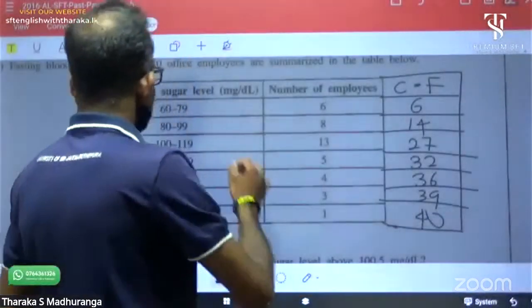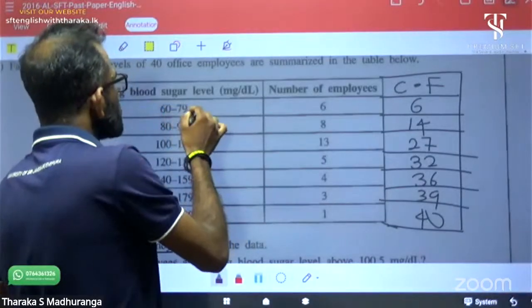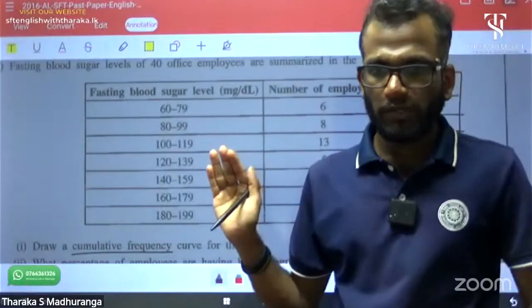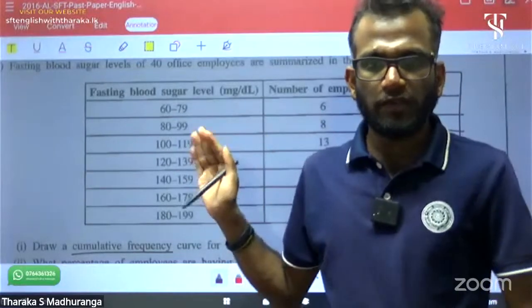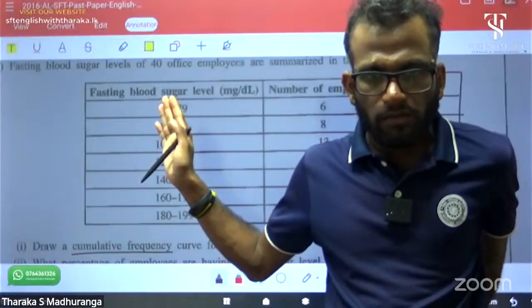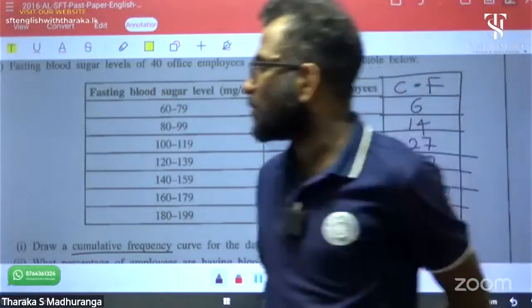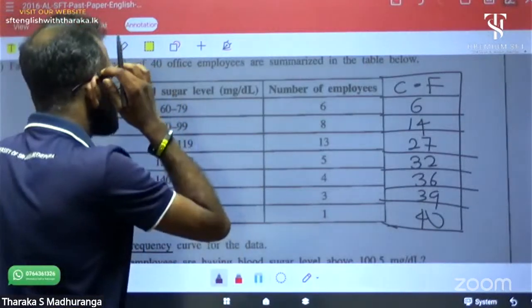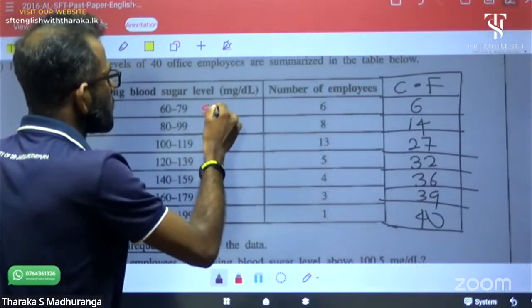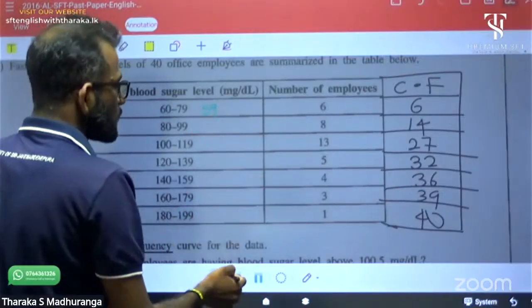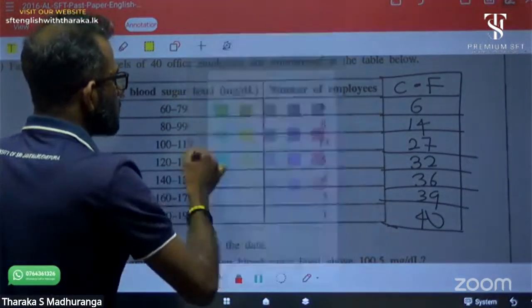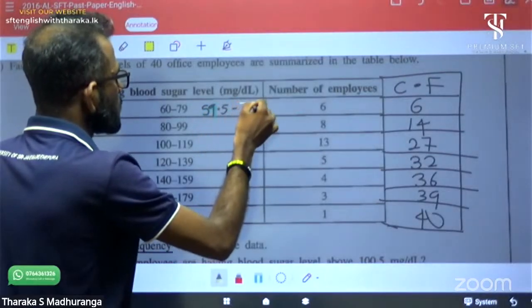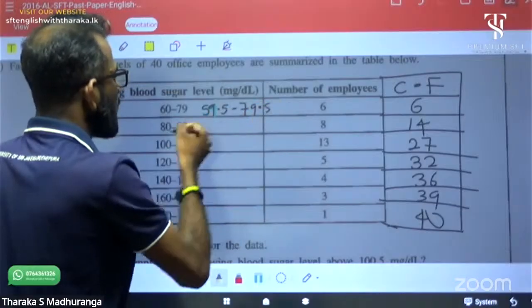Okay, this is my table. They are the class limits, because it is a discrete group frequency distribution. Now we can convert the discrete groups into class boundaries. How to convert? 59.5, 79.5, because the gap is only one.